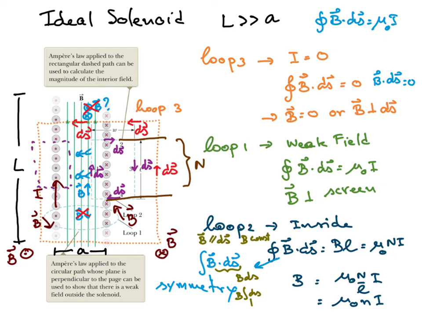And again, since the current points out of the plane from the right-hand loop, the ds must point in this direction.